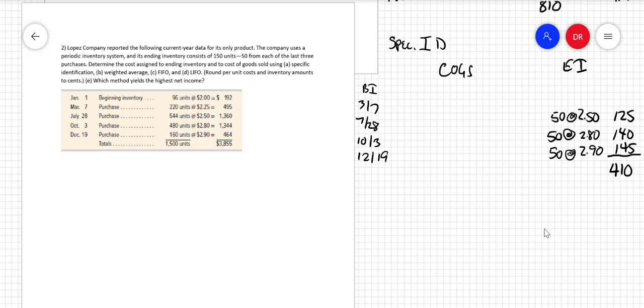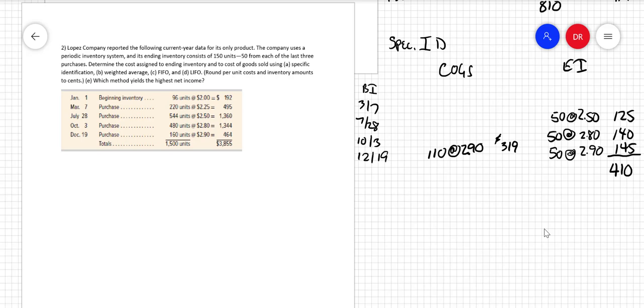Now everything else goes into cost of goods sold. So we originally purchased 160 on December 19th. That means 110 is in cost of goods sold at $2.90. That is $319. Okay.